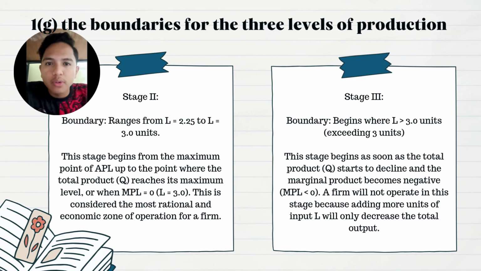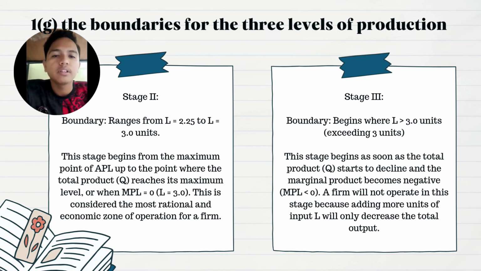Okay, now I will continue with stage 2, where the boundaries range from L equal to 2.25 to L equal to 3.0 units, beginning exactly from the maximum point of APL and continuing up to the point where the total product reaches its maximum level, which is where the marginal product equals zero. This specific stage is highly critical for any firm as it represents the most rational and economic zone of operation where inputs are utilized efficiently.